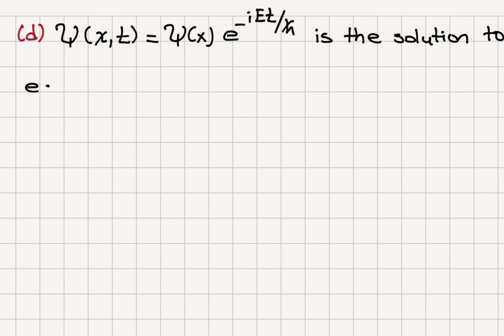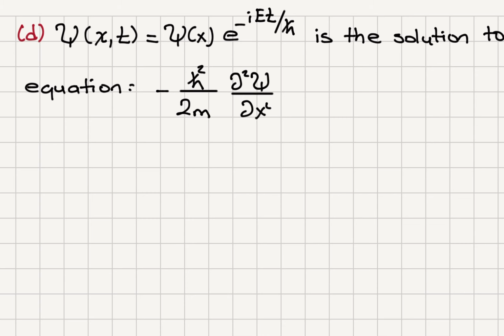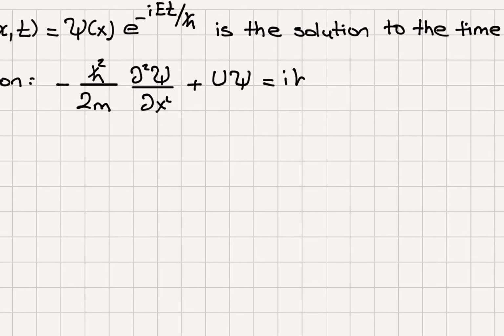And let's write the time-dependent Schrödinger equation as well. Minus h bar squared divided by 2m, second derivative of psi with respect to x, plus potential energy times psi, is equal to i h bar partial psi partial t. i h bar del t is the energy operator.